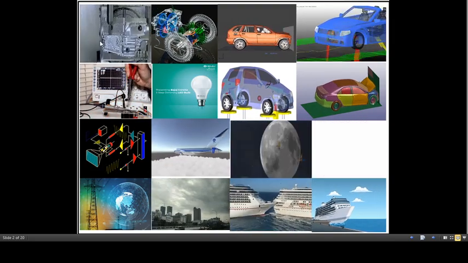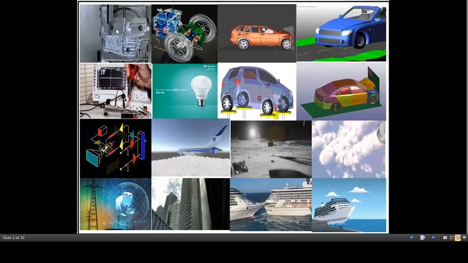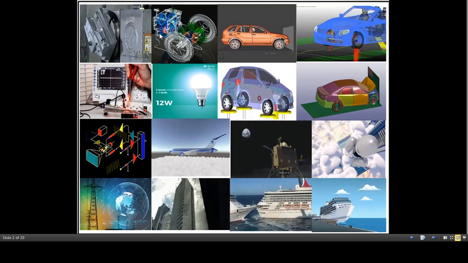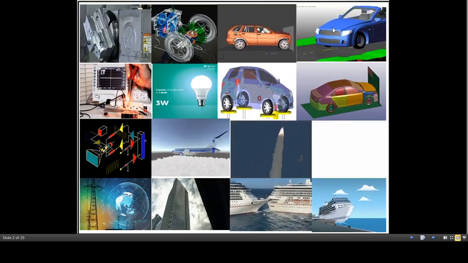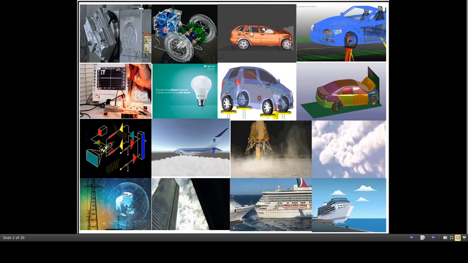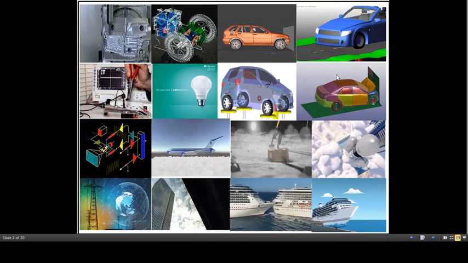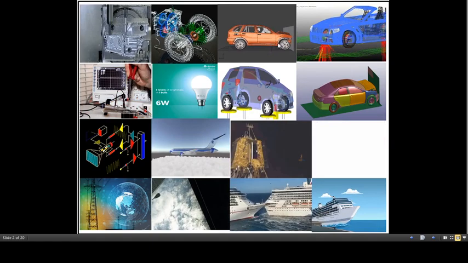So here is a computerized numerical control machine in front of you. This belongs to mechanical engineering. Another diagram in front of you: these are the simulated models of the automobile field. And this is the crash test.